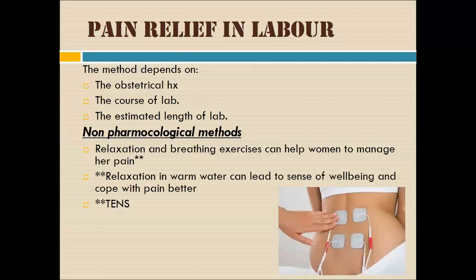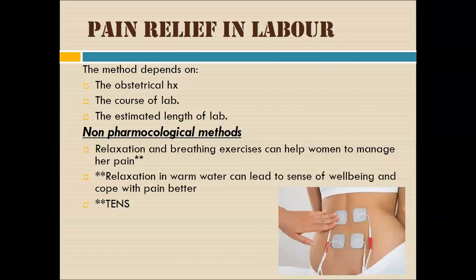while you try to choose the method of analgesia. We have non-pharmacological methods. For example, relaxation and breathing exercise. The woman is usually encouraged by her family or the nursing staff to take deep breaths and relax. This will help to manage her pain.